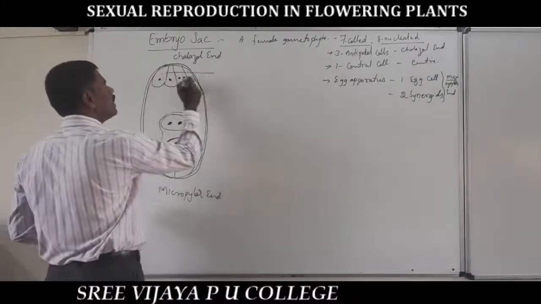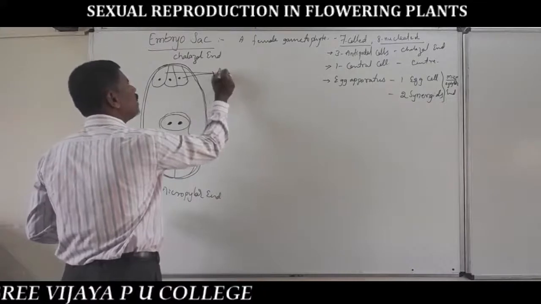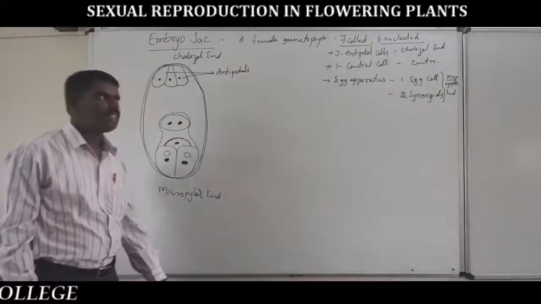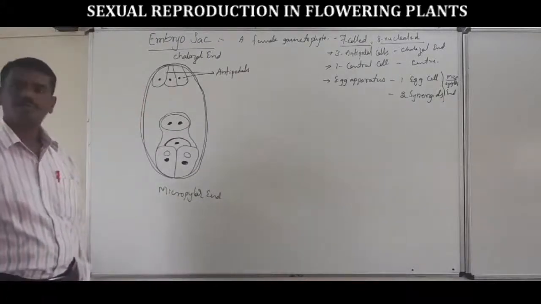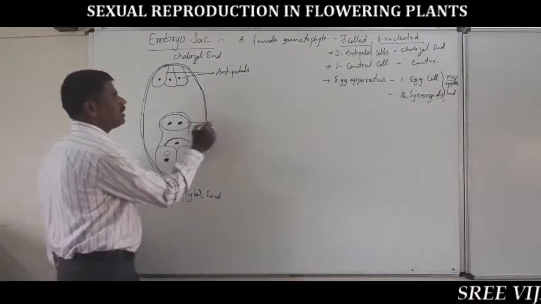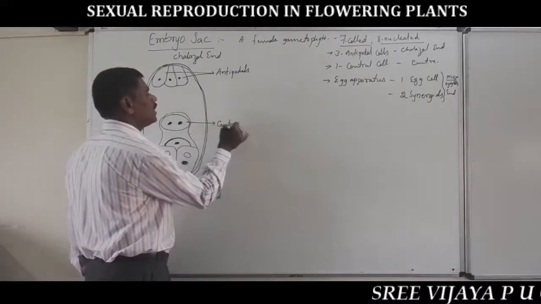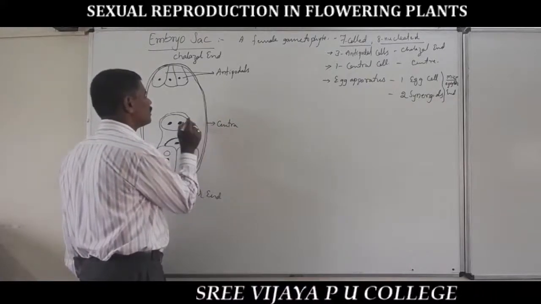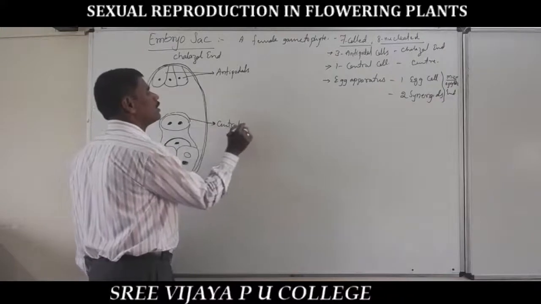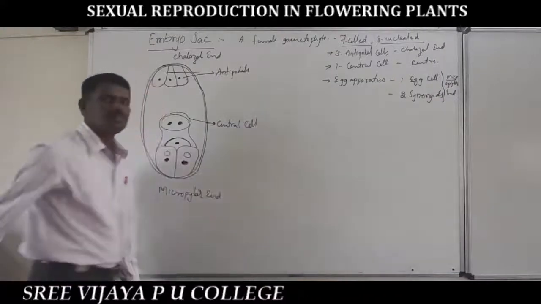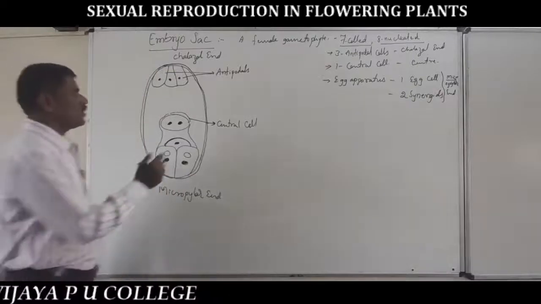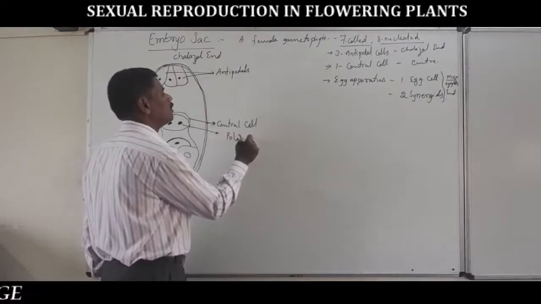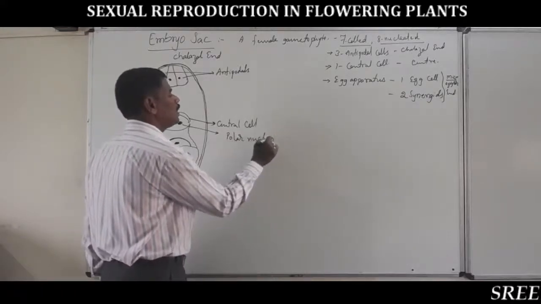At the chalazal end, there are the antipodal cells. In the center, there is the central cell. Inside the central cell, there are two polar nuclei.